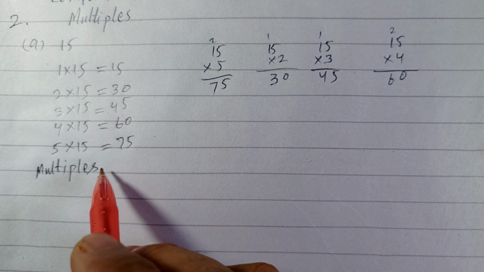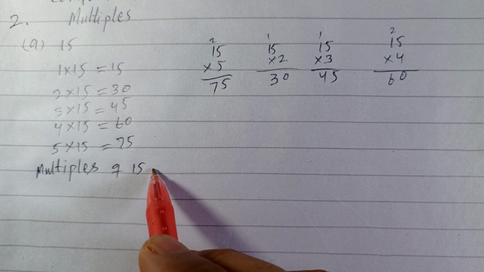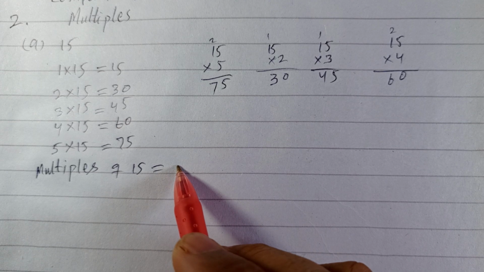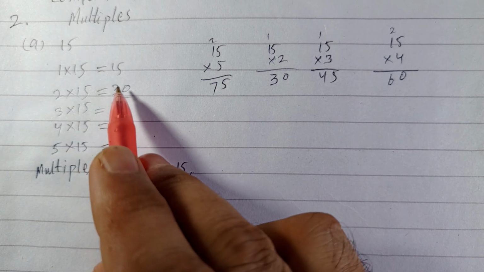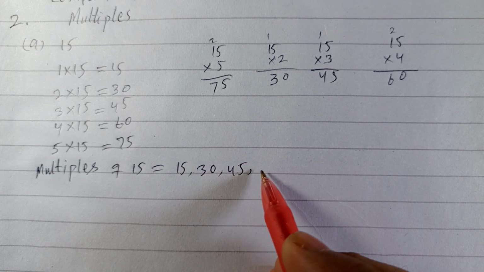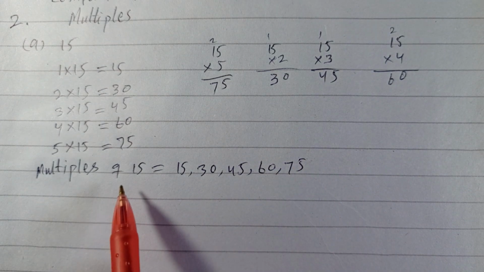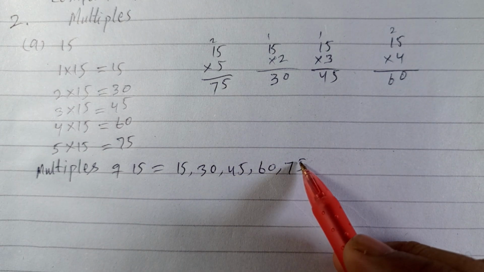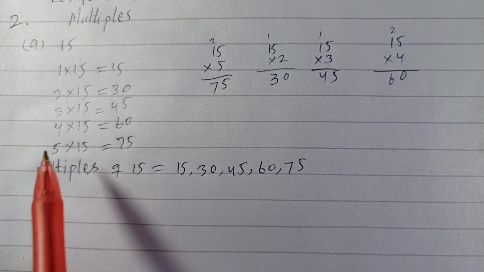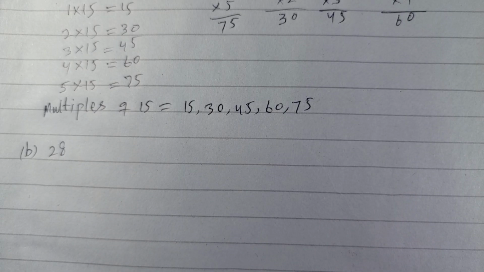Multiples of 15 are equal to 15, 30, 45, 60, 75. You should know that these are up to 5 only. If he asks you up to 6, up to 7, you will multiply further and you will find the further multiples as well. Now we have to find the multiples of 28.